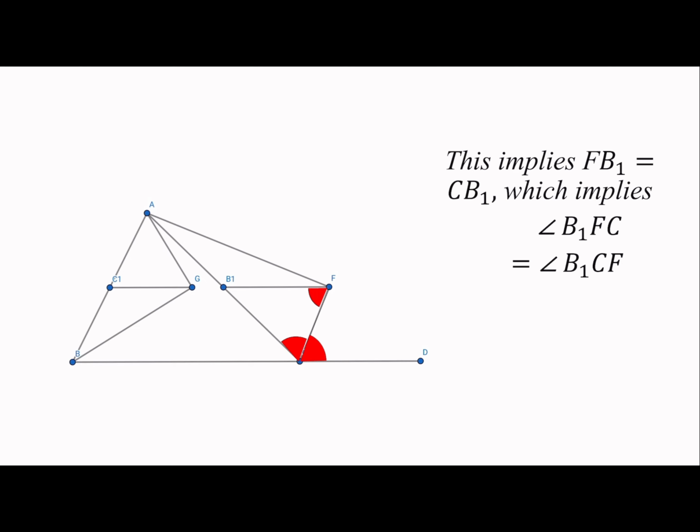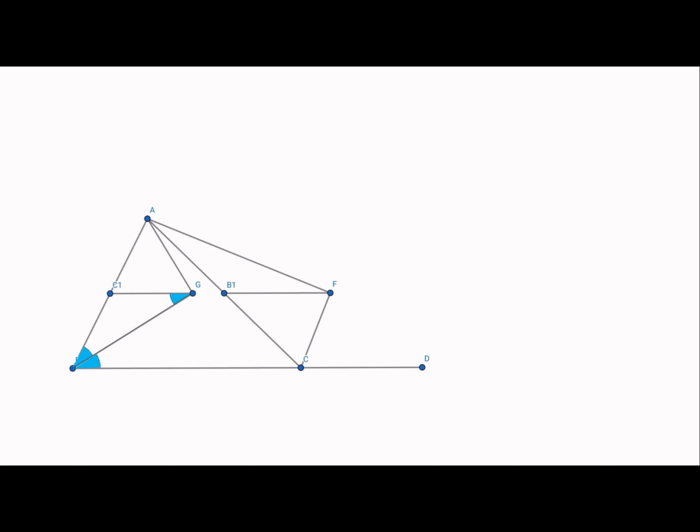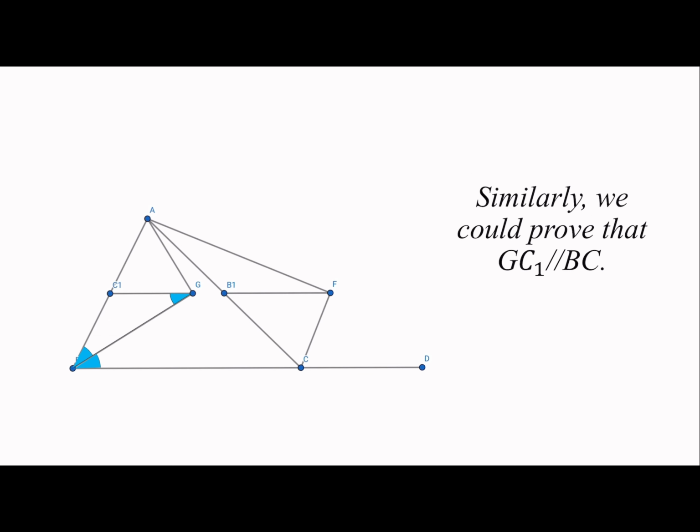We know that FC is the angle bisector of angle ACD, so angle B1CF equals angle ACF equals angle FCD. So that means B1F is parallel to CD, which is also parallel to BC. Very similarly, we can prove that GC1 is parallel to BC.